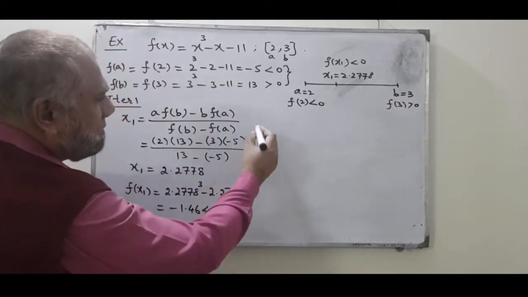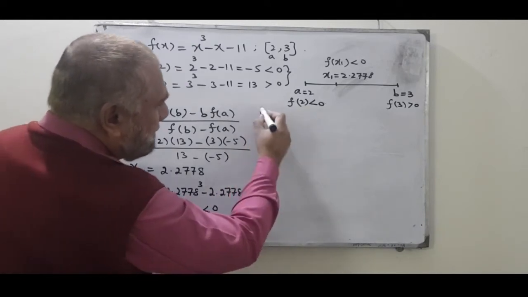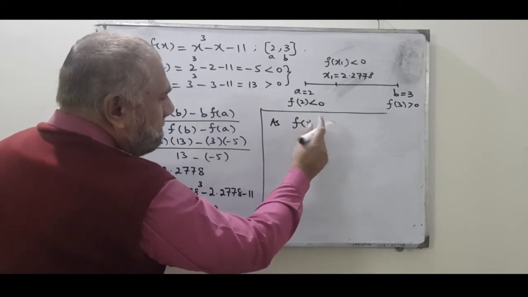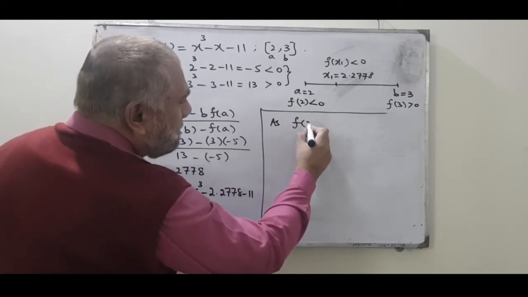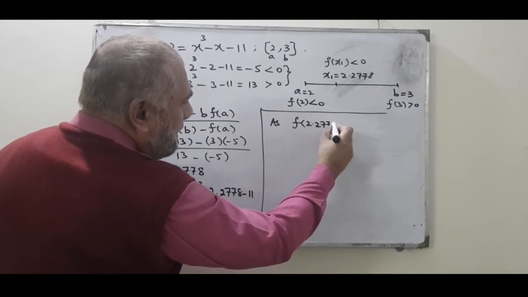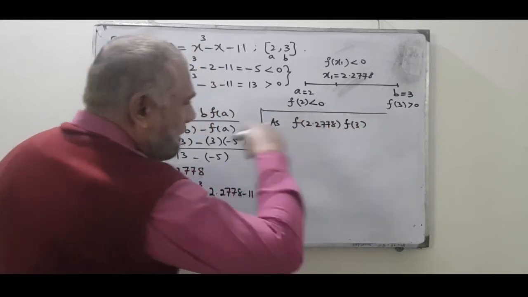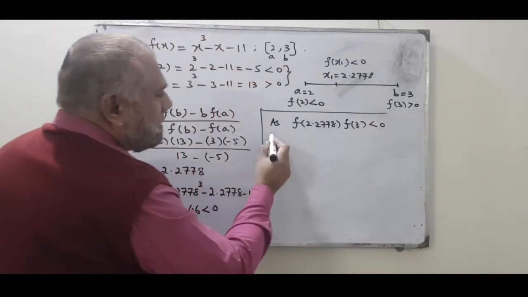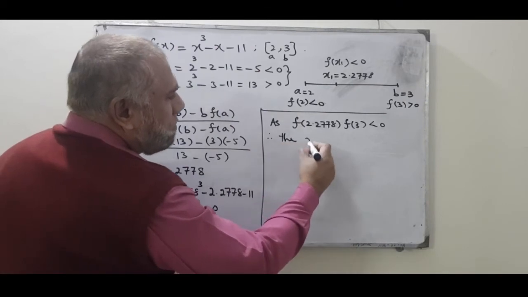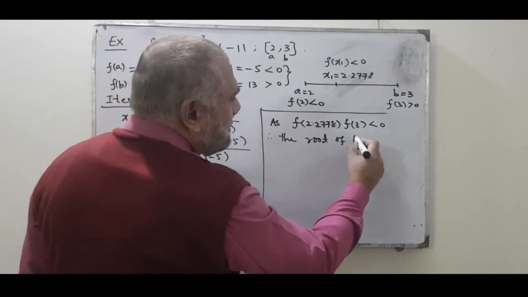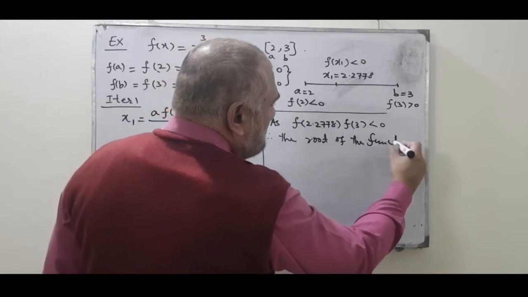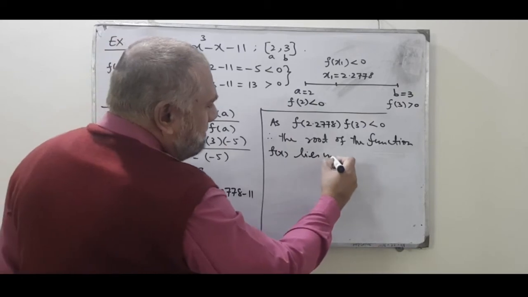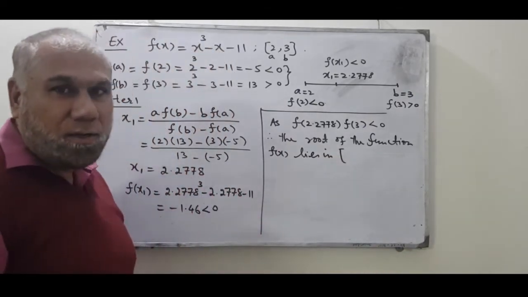Let me complete this iteration here. As the product of the function at x1, which is 2.2778, and the function value at 3 gives you a negative sign, therefore the root of the function f(x) lies in between the new domain, and you have to keep the order.